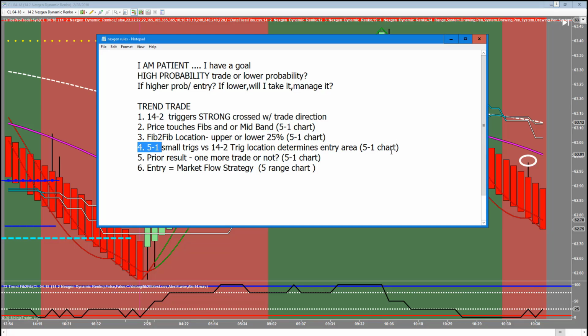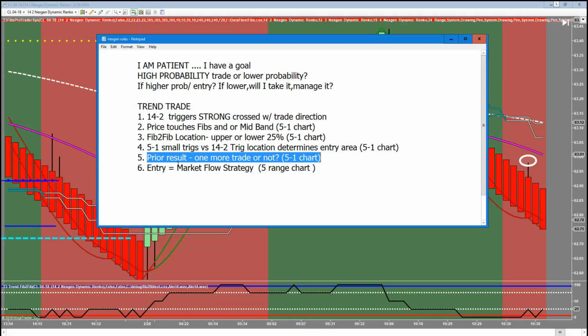We're going to study where the small triggers are in relationship to the 14-2 triggers. We've already done the easy ones, the ones that are on the correct side. So this next section is going to be location on the wrong side. And then we're also going to take a look at prior results. We've already covered the section on what type of looks will end your high probability trend trade thoughts.